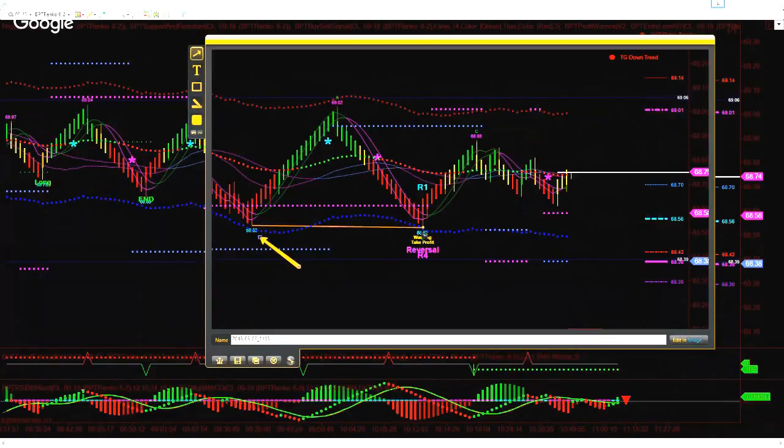Then you have another entry right there, right in line with the band. And this one here on your auto trade will exit right there.